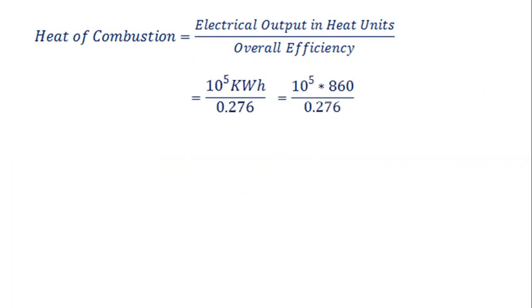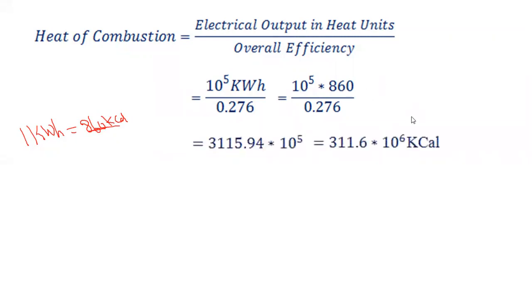What is the value of 1 kWh? 1 kWh is 860 kilocalorie. Substituting, 10 to the power of 5 into 860 by 0.276. Simplifying, we get 311.594 into 10 to the power of 5, or else we can write 311.6 into 10 to the power of 6 kilocalorie.